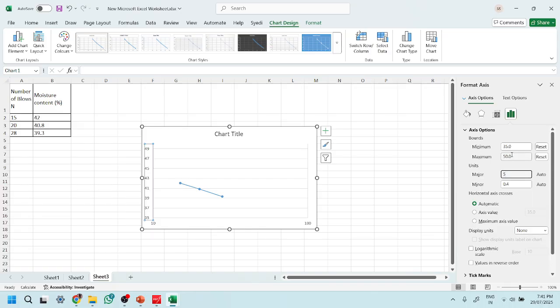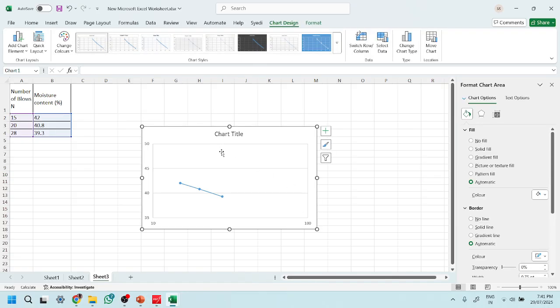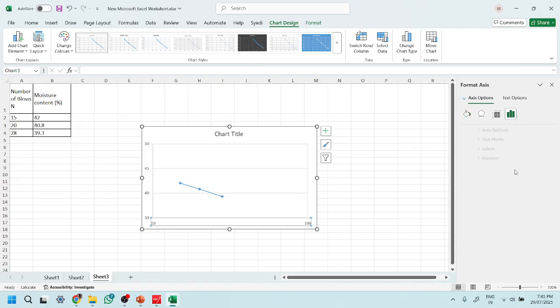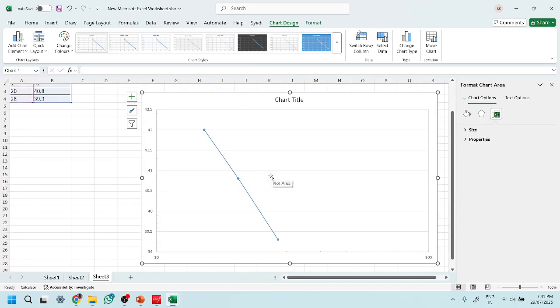Temperature axis of 5. Let us say it's 10, it's 20.